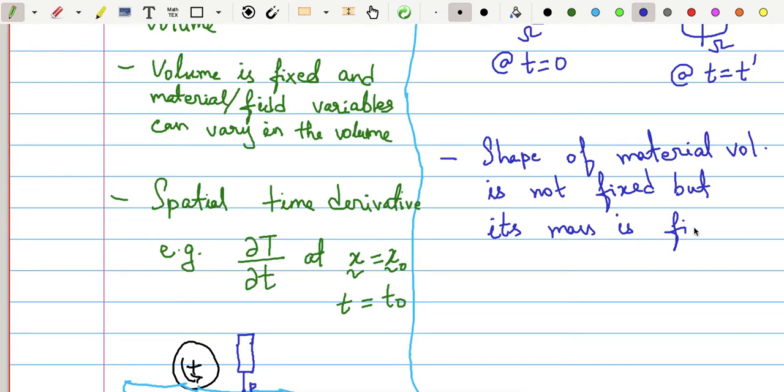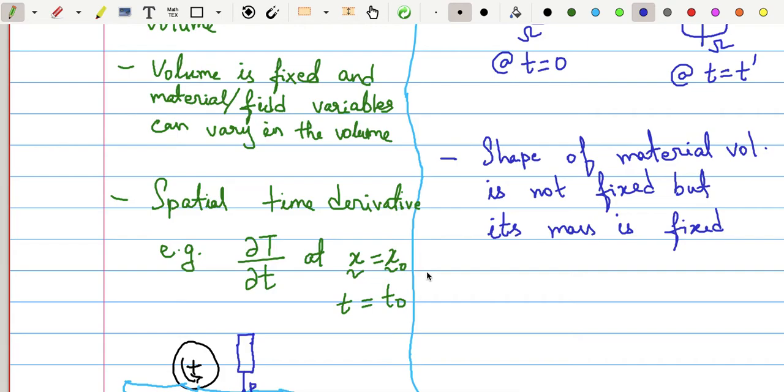In whatever problems we will be considering, we will not really be looking at generation of mass or vanishing of mass. In solid mechanics, fluid mechanics, aerodynamics, any biology problem, the mass of the material volume is taken to be fixed.